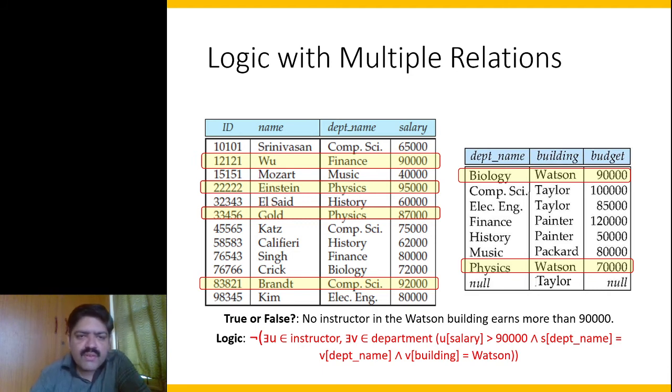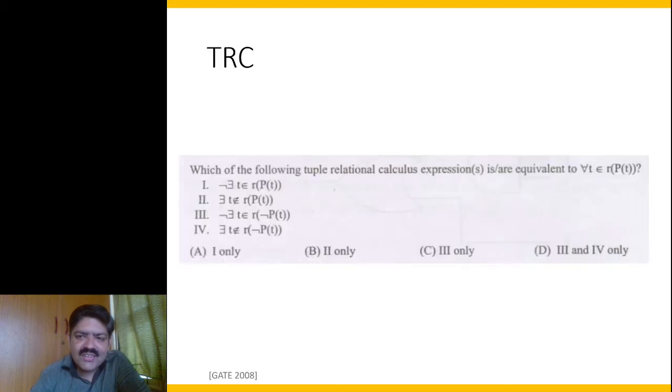So let's see if you have understood things correctly. Which of the following TRC expressions is or are equivalent to for all t belonging to R of P of t?